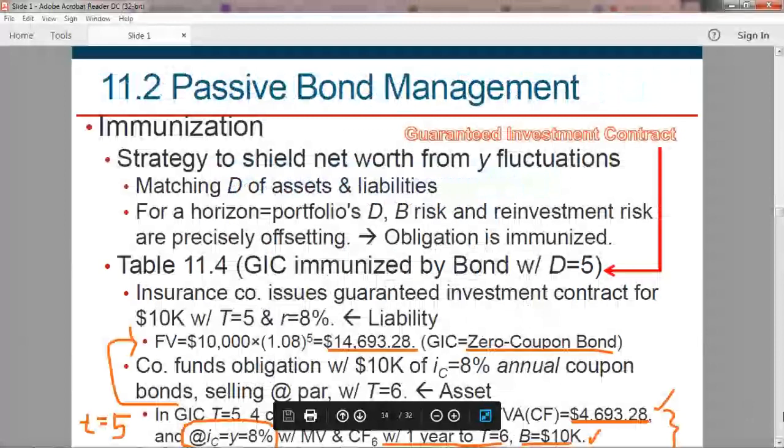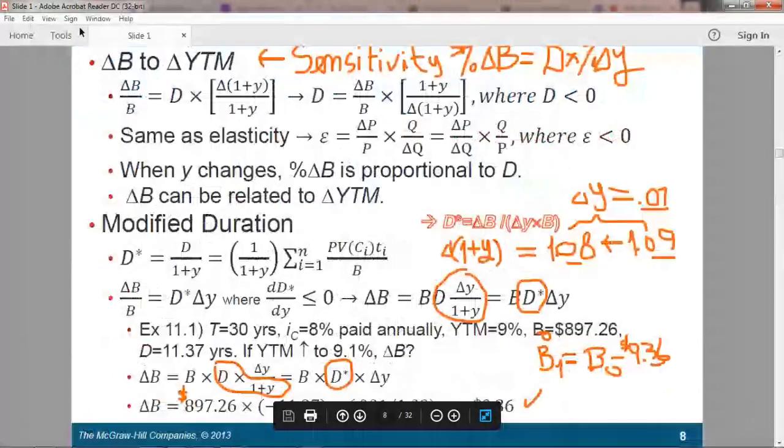Here's an example of how to use duration to predict the change in bond price. Maturity is 30 years. Coupon rate 8%, paid annually. Yield 9%. Bond price originally at time zero is 897.26.